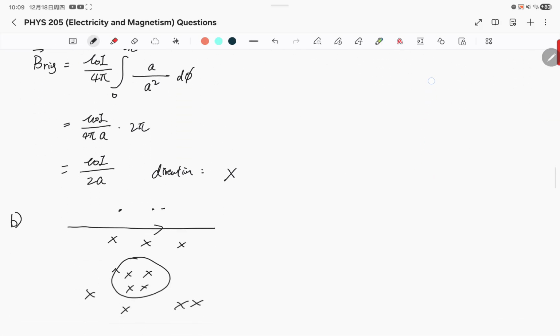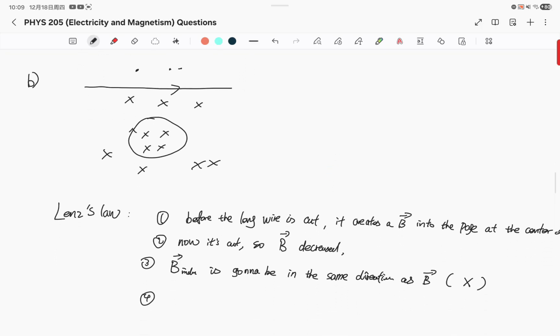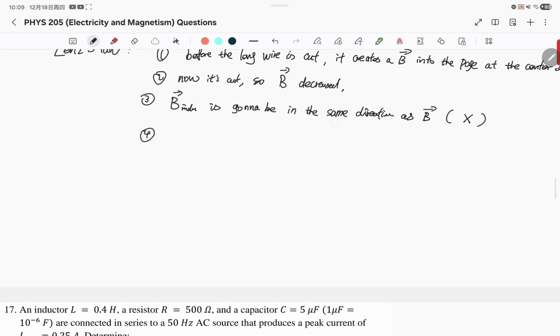So now we have B induced in the same direction. So our current will have another component.